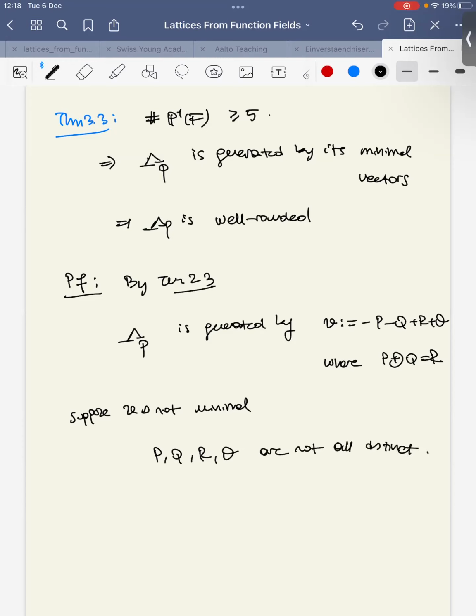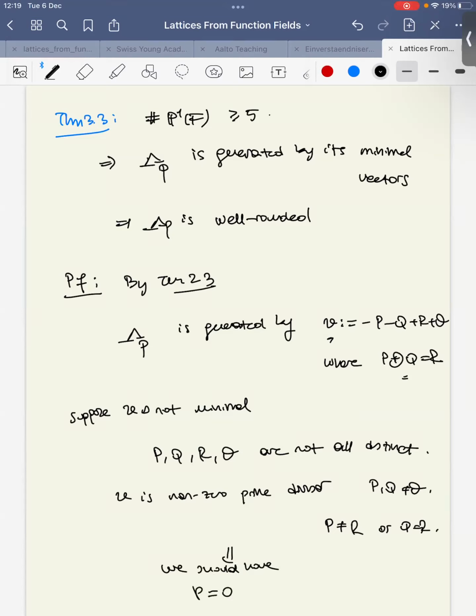On the other hand, V is a non-zero principal divisor, so we can get a contradiction: P or Q cannot be equal to O. Similarly, this cannot happen when P equals R or Q equals R. So we should have P equal to Q or R equal to O.